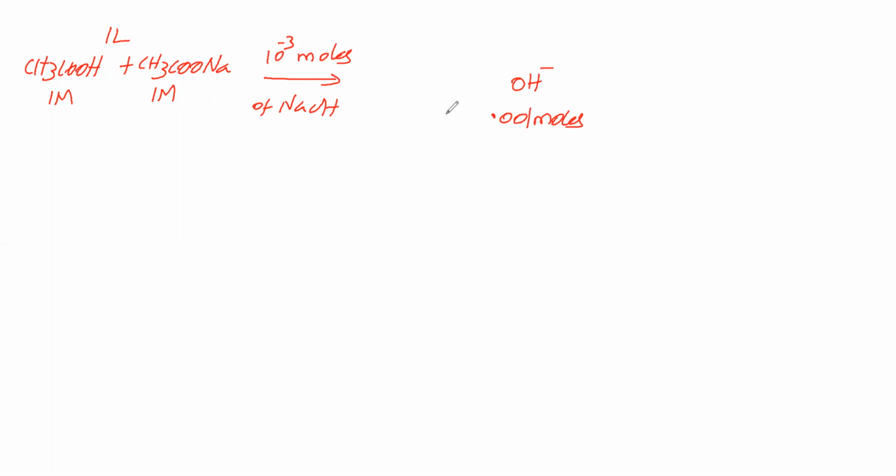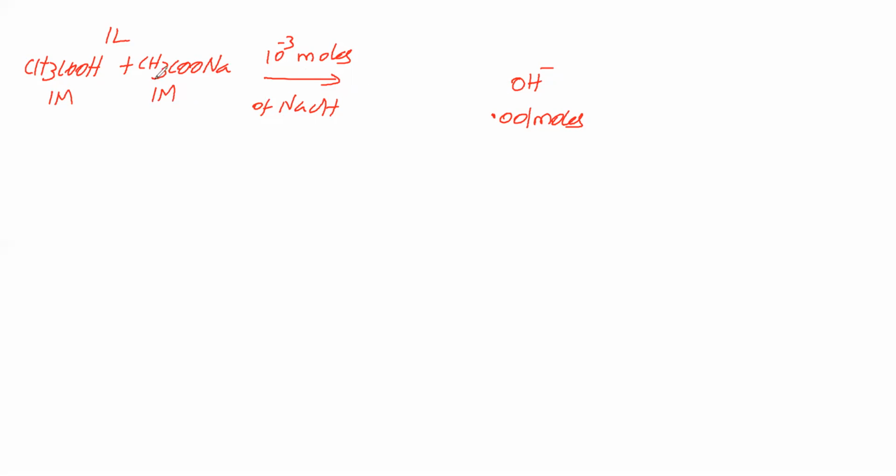Okay. Now, what does the buffer solution have to do? Buffer solution has to remove the added hydroxide. Sodium hydroxide gives OH minus to the solution. That OH minus should be removed by the buffer solution. Which species will remove that OH minus?